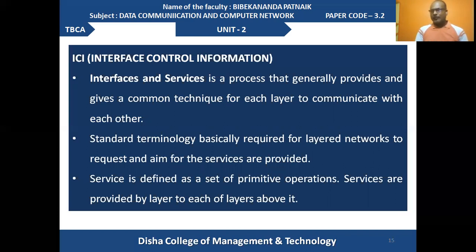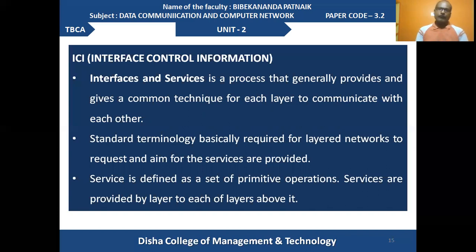So standard terminology is basically required for a layered network to request and provide services. What type of service and what type of interfaces can be provided to communicate that data? It is completely implemented through the interface control information. Services are defined as a set of primitive operations.